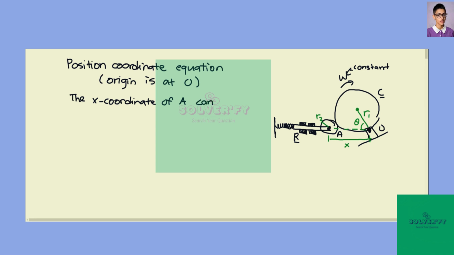can be determined using the law of cosines, because over here we have a triangle. So this is x, and with this angle theta, this is R1.